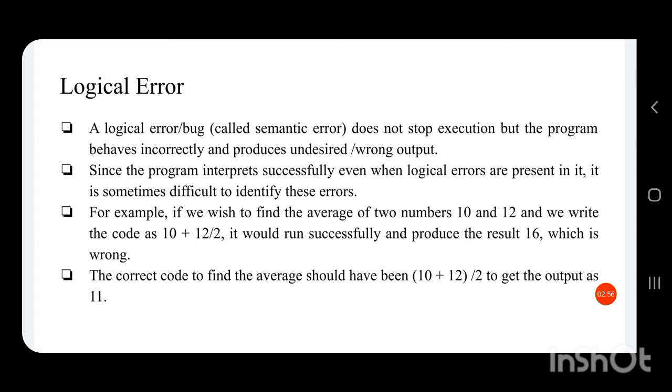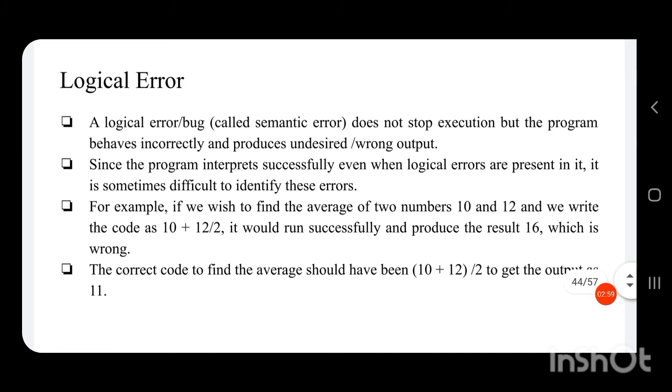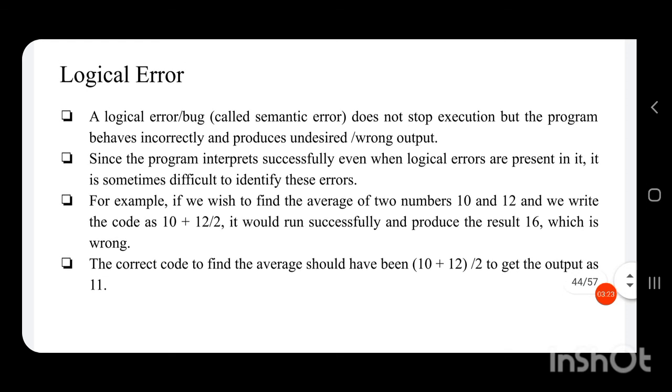If we are writing a program to add two numbers and, instead of the plus symbol, we have written a minus symbol, the programmer gets a wrong answer, but the program executes correctly without any error. Such types of errors are called logical errors, that is, errors due to the lack of logic of the programmer.